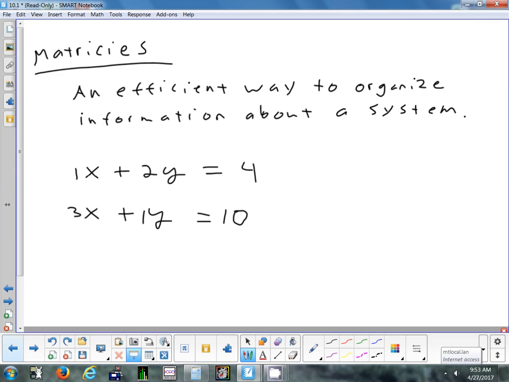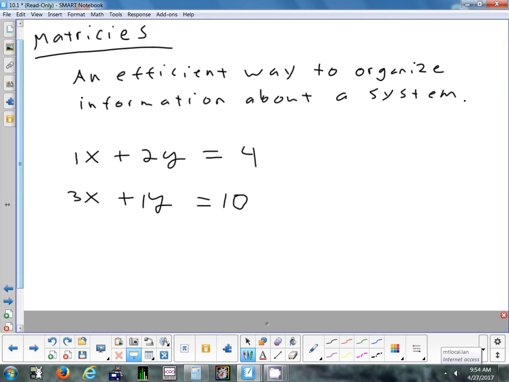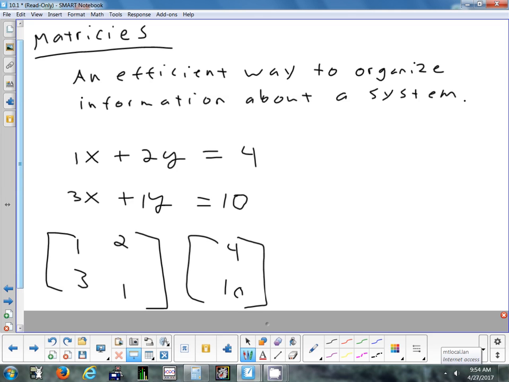The reason we want to use a matrix is because it cuts down on the amount of writing. When you use a matrix, you don't have to write any letters. So all those letters we kept writing, we would just write numbers. So if this was a problem I was solving and I wanted to write it as a matrix, all you have to do is copy down the numbers that are in front of the letters, not the letters themselves.